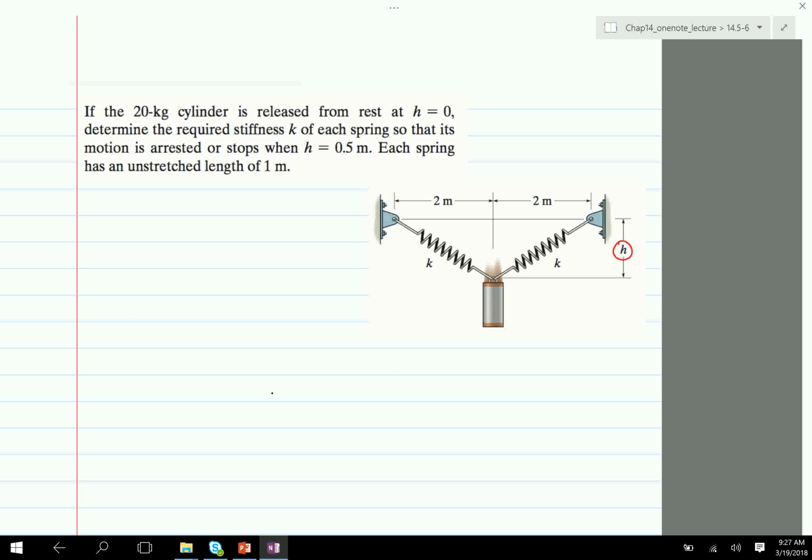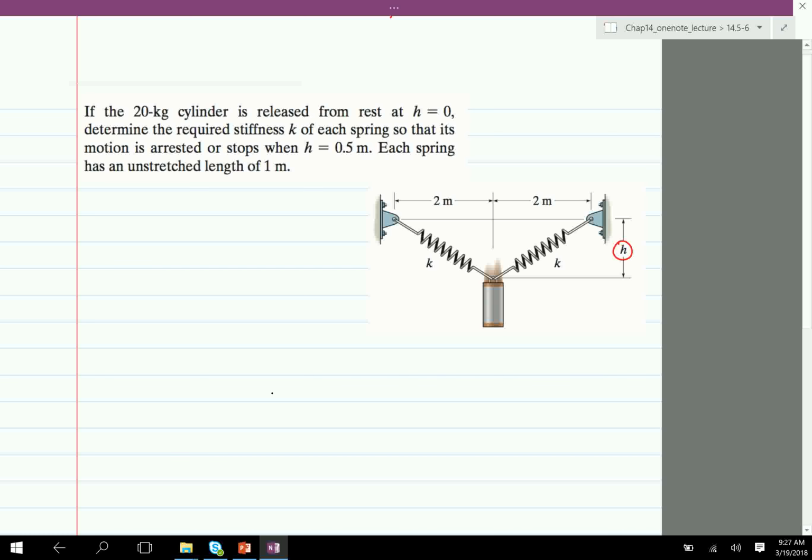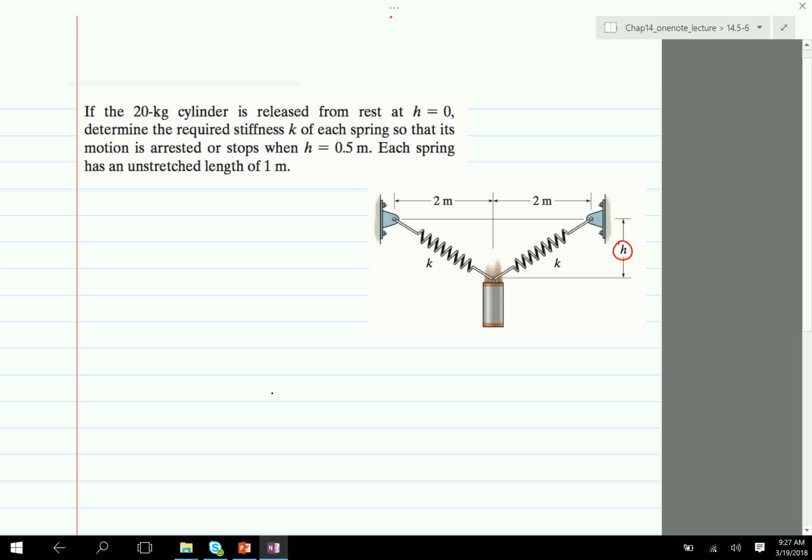horizontal position. Okay, so let me draw that if that makes it easier. So initially, that's how the block is going to be, and finally h is 0.